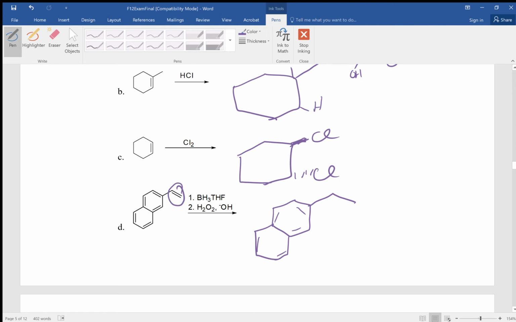Hydroboration is an addition of hydrogen and hydroxide, one to each of the carbons. But it's different from our other hydration reactions, because hydroboration is an anti-Markovnikov process, and so will give us the alcohol on the less substituted carbon.